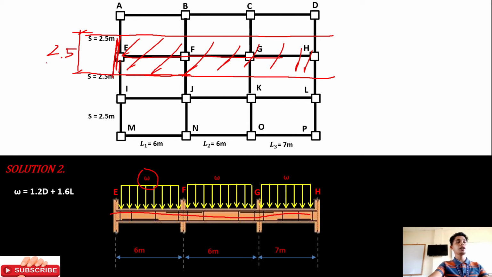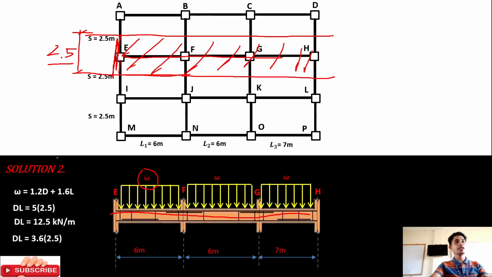Kasi kung minultiply natin sa 2.5 by 6, makakompute natin is concentrated load. Kailangan natin is uniform load, na kN per meter. So, i-multiply natin siya sa 2.5. Gets ba? So, 5 kilopascal times 2.5 will be 12.5 kN per meter.